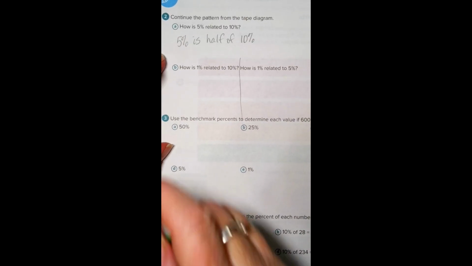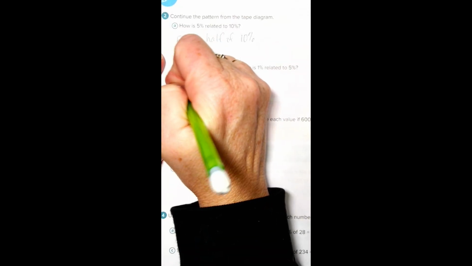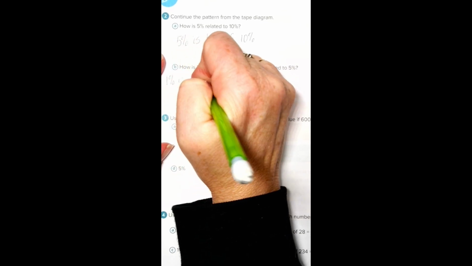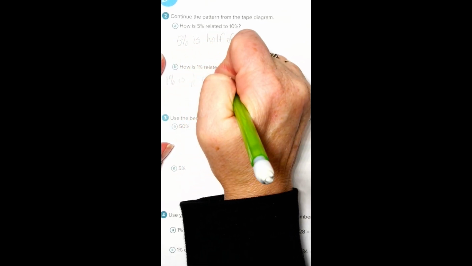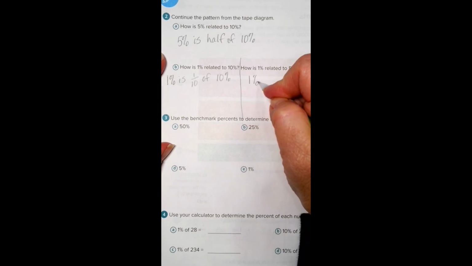Right, we would need 10 of them. So 1% is 1/10 of 10%. And what about 5%? 1% is 1/5 of 5%, because you would need 5 of them.